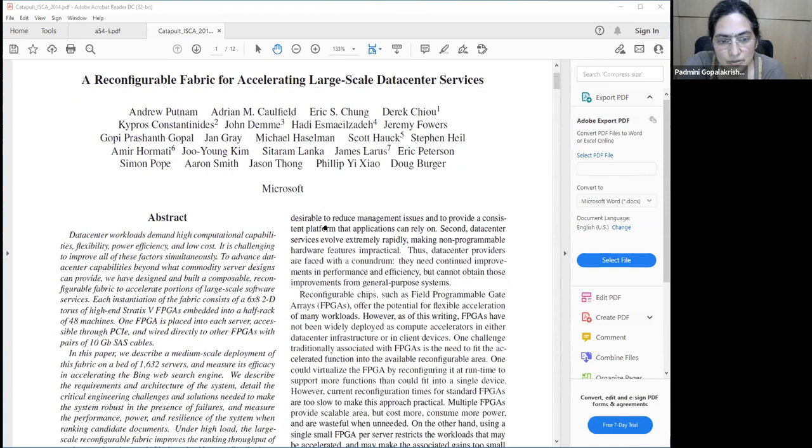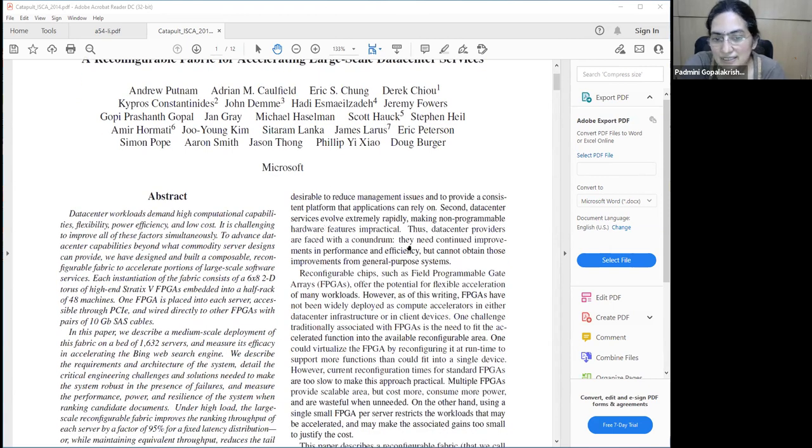Before we get into this paper, one more thing which is important to understand is that today you'll hear two kinds of terminology when you talk of applications and acceleration: cloud and edge. We talked about it in one of the earlier classes, so I hope everyone is clear on the difference.